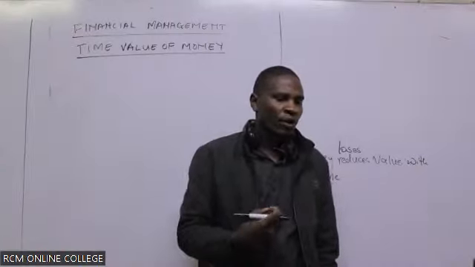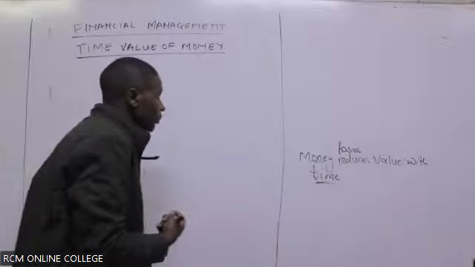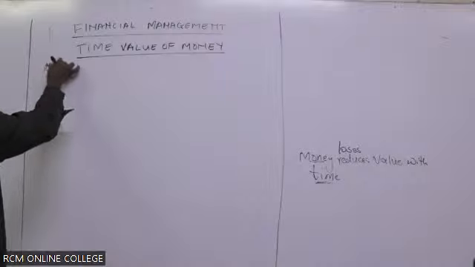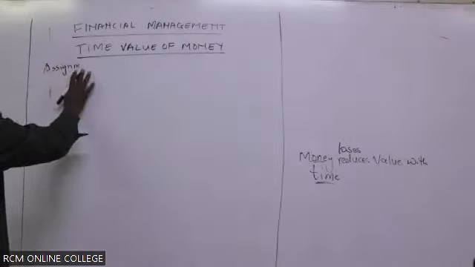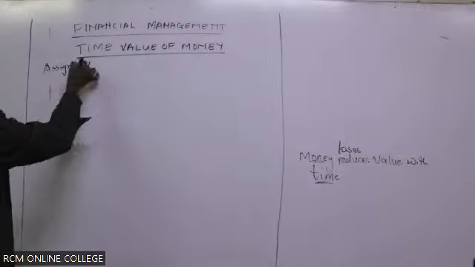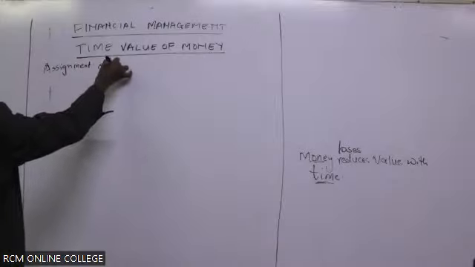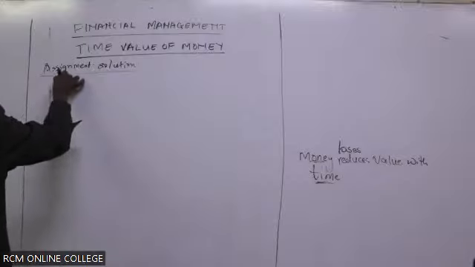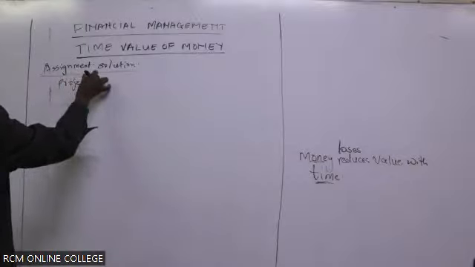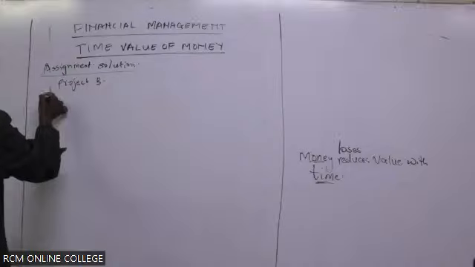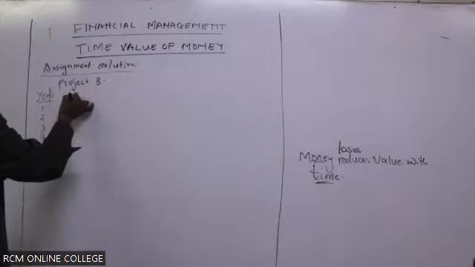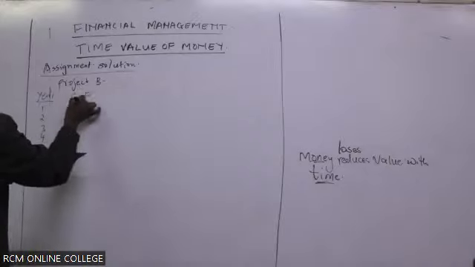Now, we had a question. I want us to first of all look at some of the assignment solutions. So we had project, was it project A? Is it project B? It had some year 1, 2, 3, 4 cash flow for the project.